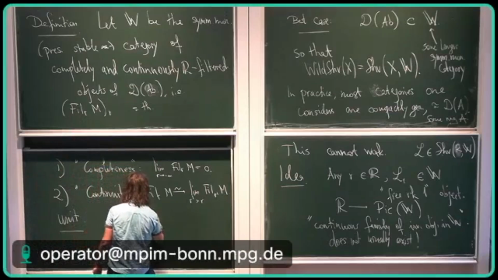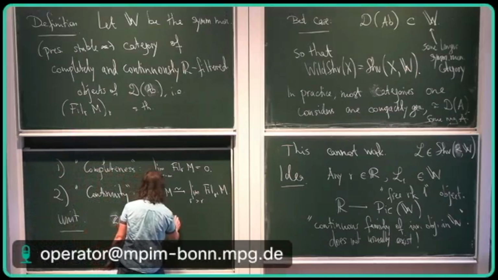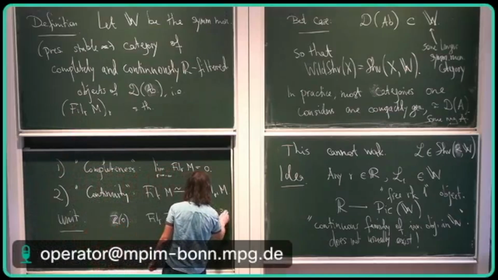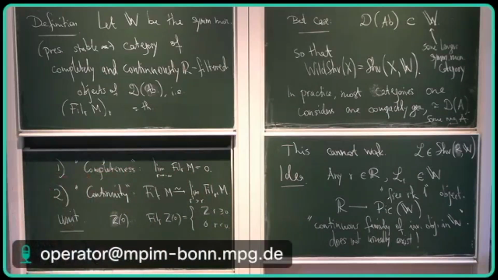This has Fil^R Z(0) equal to Z if R is greater or equal to 0, and 0 when R is negative. So for negative R you get 0, but from 0 on you can put Z.